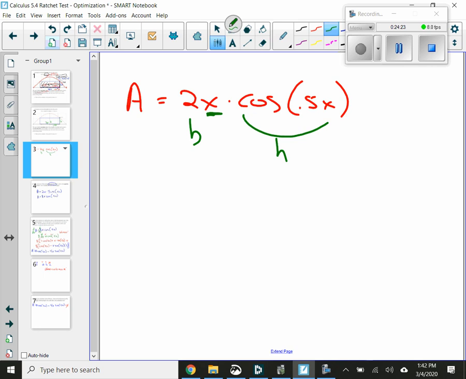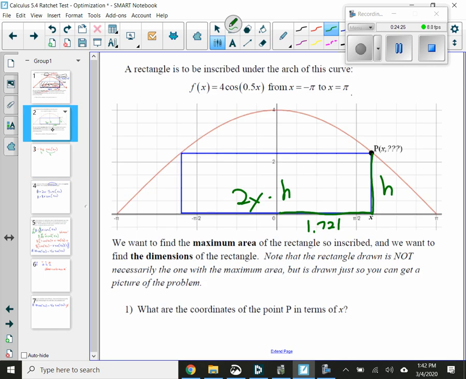How I got the height? The function tells me that the red part right here, which I'm now making green, that's the function, f of x right there, yes? Okay, I'm going to ask you a separate question.